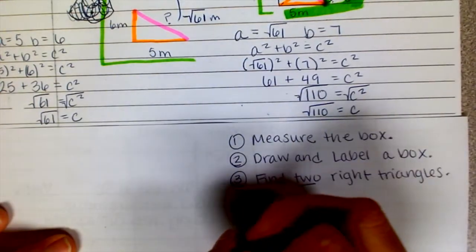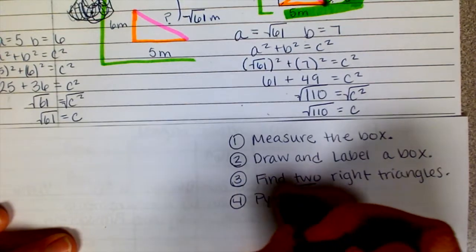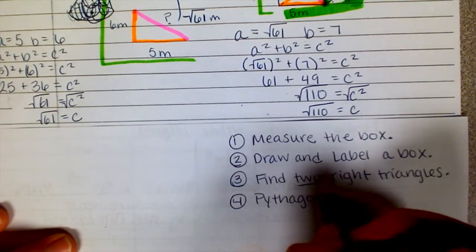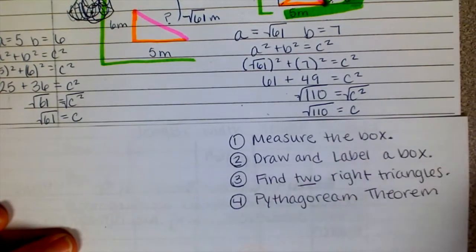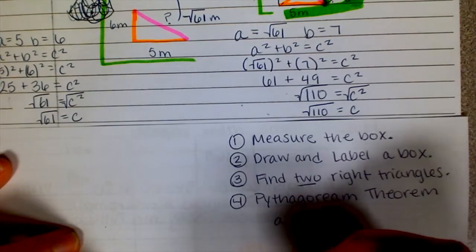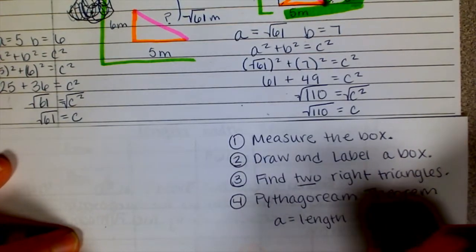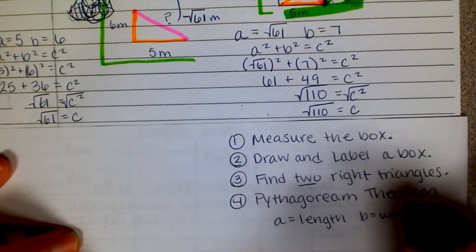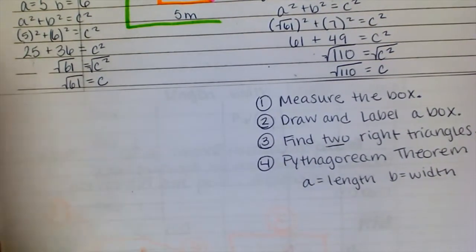Then for step 4, we use the Pythagorean theorem. And our A value was the length, and the B value was the width. So that's over here.